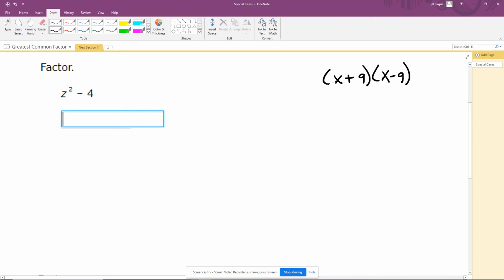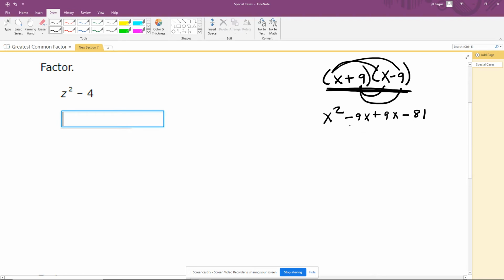And we called these special cases when we were multiplying these. So this was before the global pandemic. We had a test on this, and we took the x and we multiplied it by x, and we got x squared. Then we took the x and we multiplied it by 9, and we got negative 9x. And then we multiplied that 9 by x, and we got positive 9x. And we took the 9 and we multiplied it by negative 9, and we got negative 81.